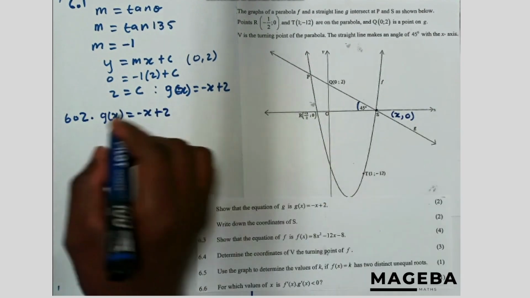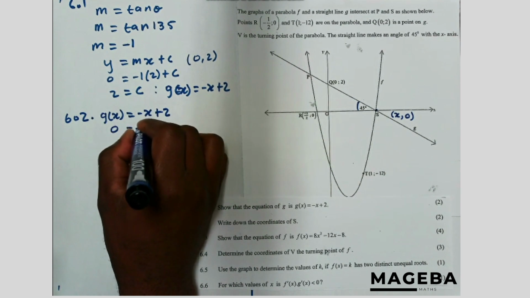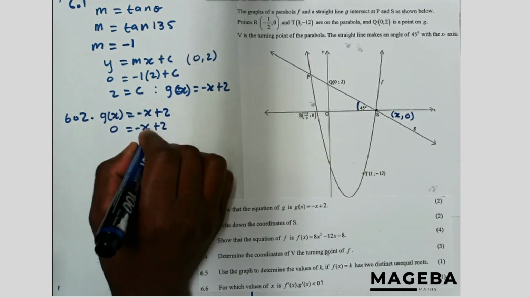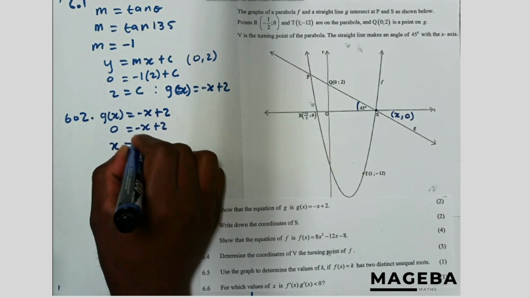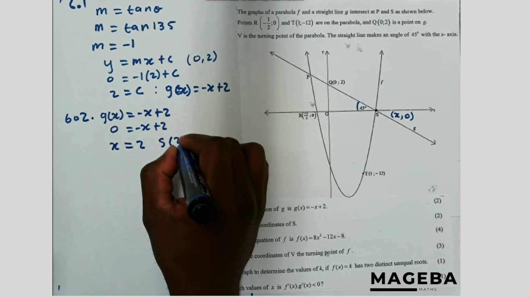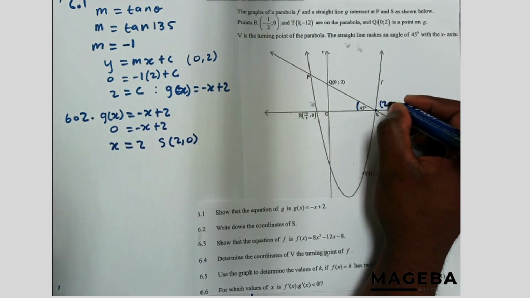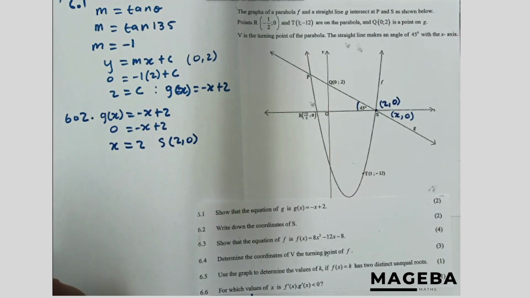From there we know y is 0, so 0 is equal to -x plus 2. Take x to the other side, and x is equal to 2. So our point S is (2, 0). Then we can write it like that.